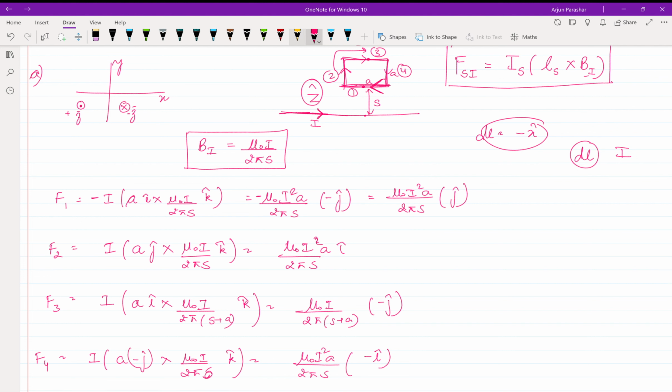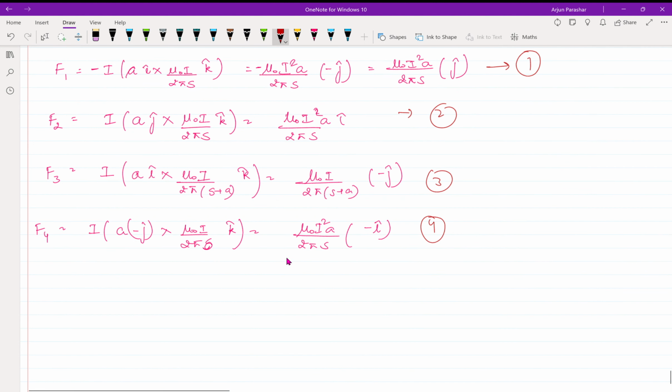So from the figure you can see that this is 1, this is 2, 3 and 4. So 2 and 4 cancel, so we can cancel them.